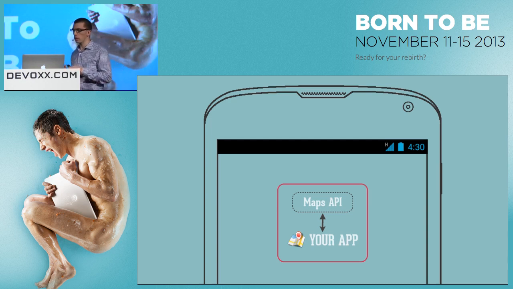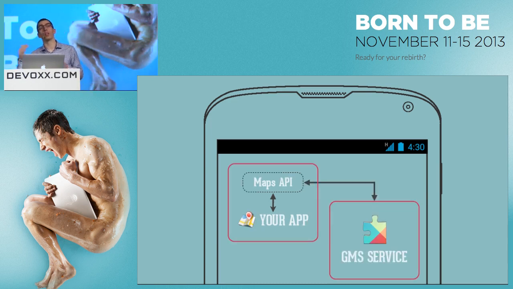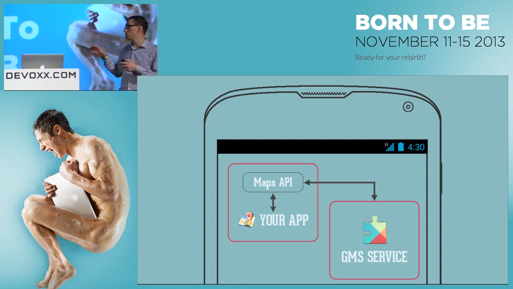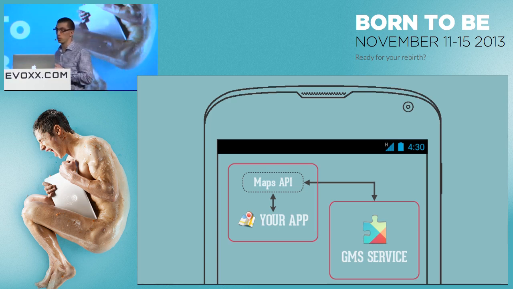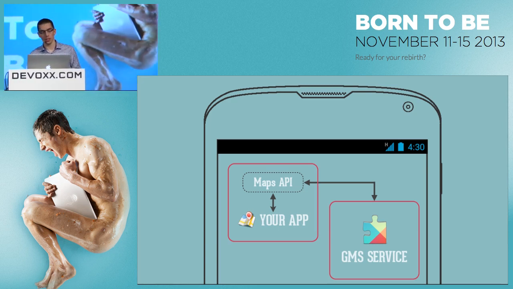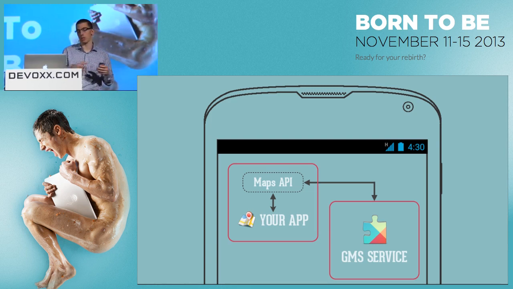And this jar will then forward all of your calls to another process, which is called the Google Play Services service, which is known as the GMS service. GMS stands for Google Mobile Services. This is the old name for Google Play Services, but GPS was already used, so they decided to use GMS.